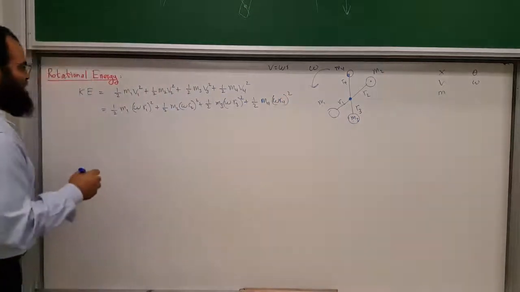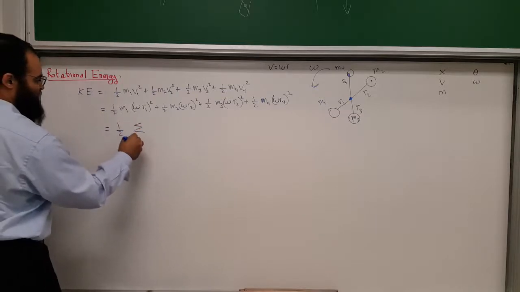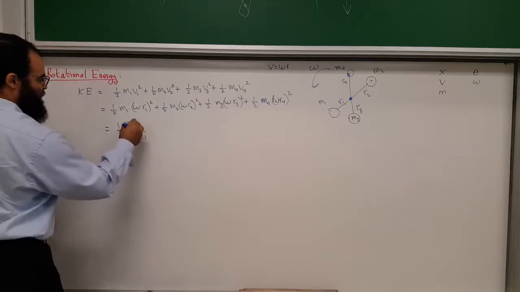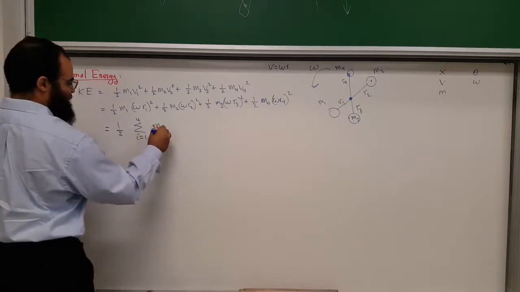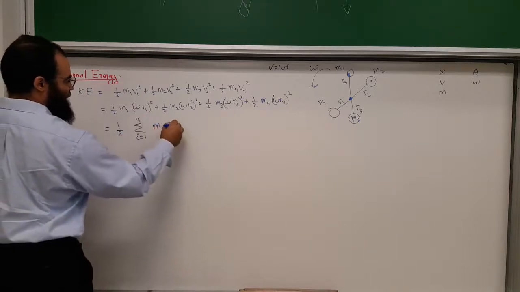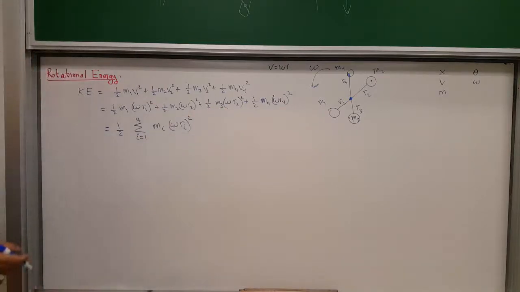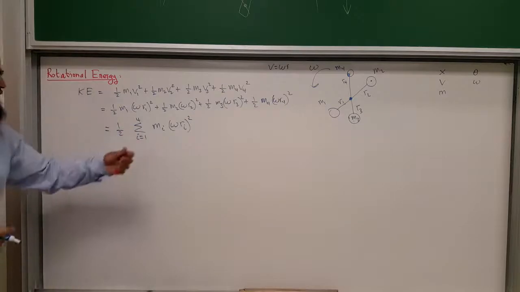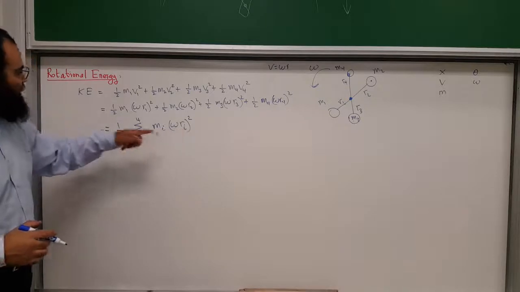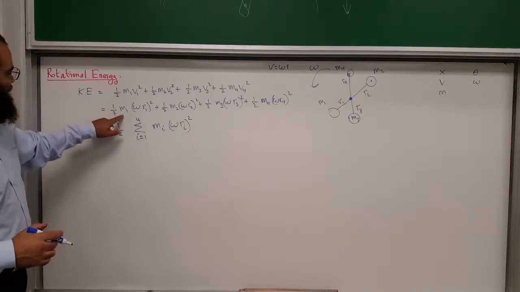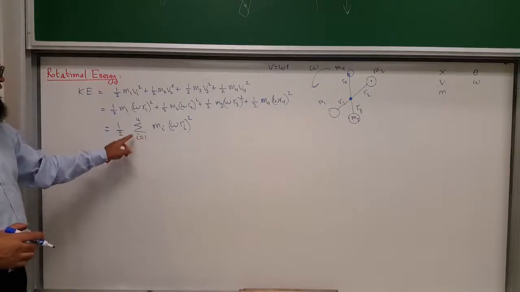If you like, you can write it in summation notation. It would be 1/2 the sum from i equals 1 to 4 of mi omega Ri squared. And you see, it's already more convenient to write it in summation notation. So if it's m1, it would be m1 omega R1 squared, and then keep doing this, repeating the addition until you reach 4.